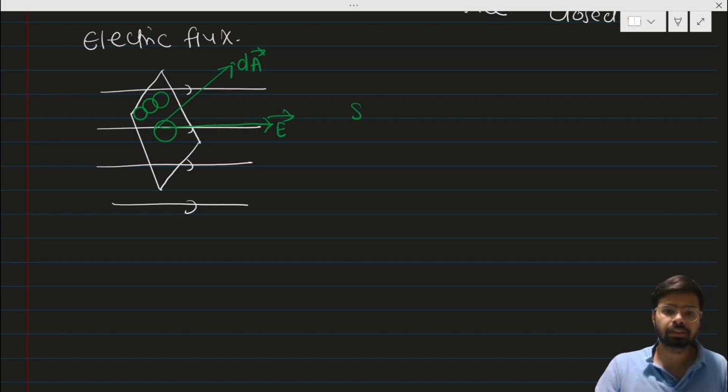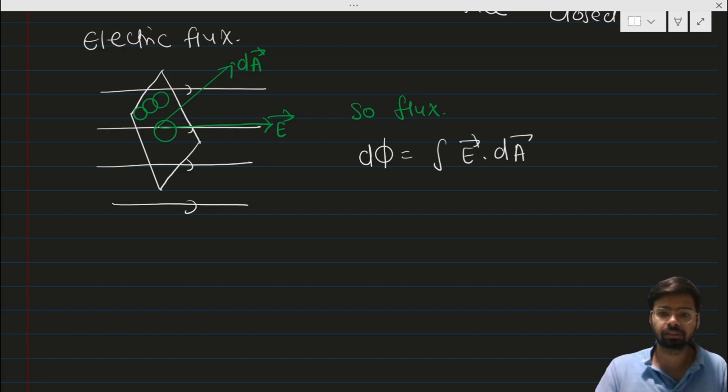So flux phi is defined as, if I talk about the small area element flux, d phi equals the integration of E vector dot dA vector, and this is a dot product. The angle between the electric field and dA vector is theta.